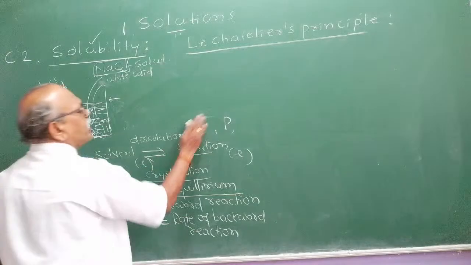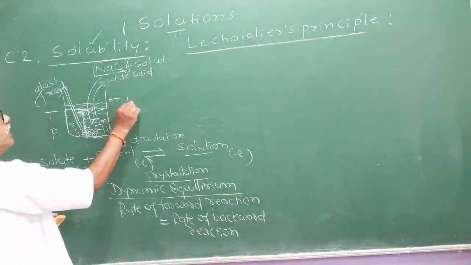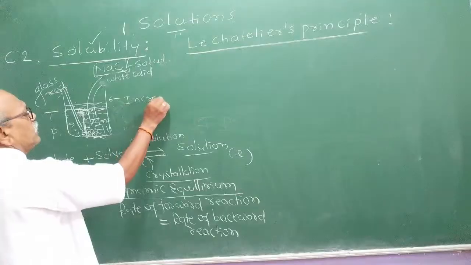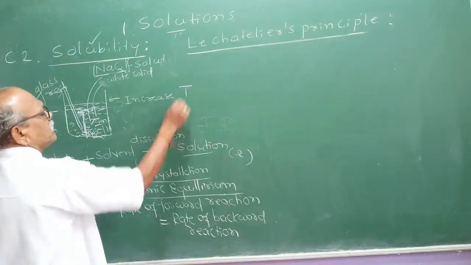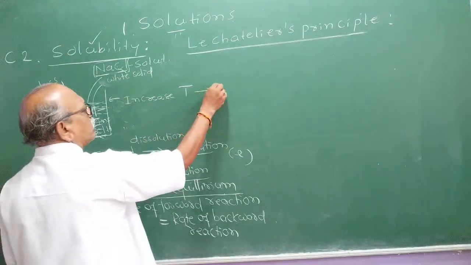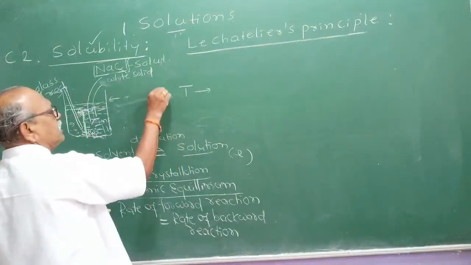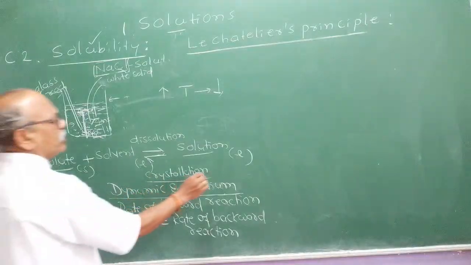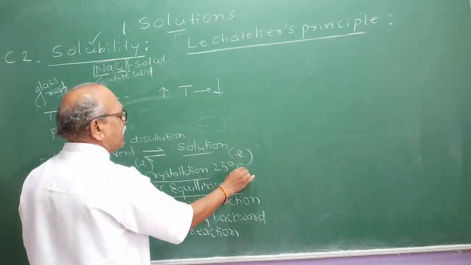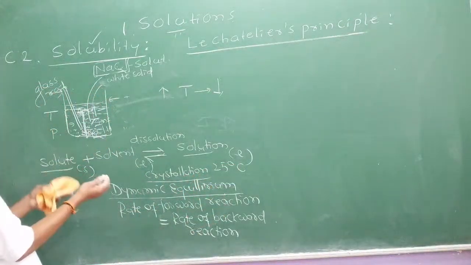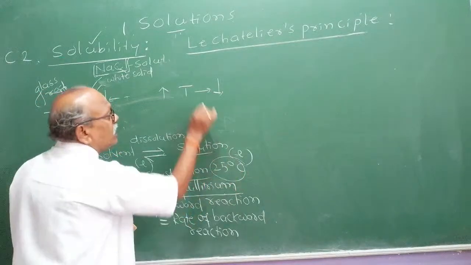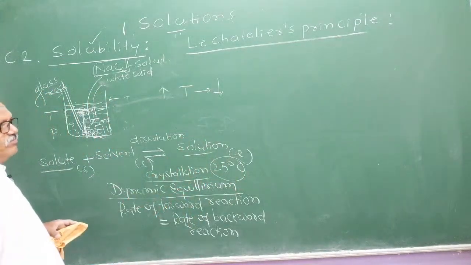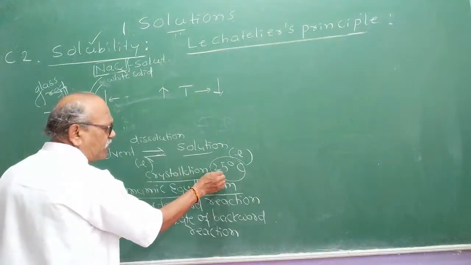Meaning if I increase the temperature, the equilibrium will try to decrease it. Suppose that this is in equilibrium at 25 degrees centigrade. If I increase the temperature, then the system will try to nullify the effect, to bring it back to 25 degrees centigrade.